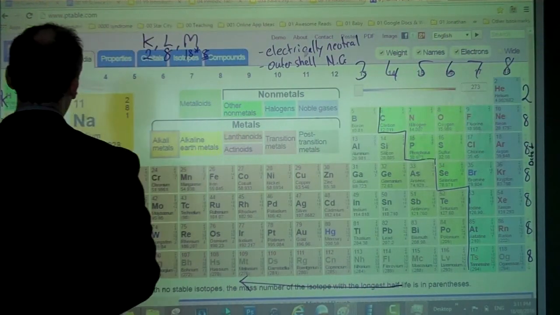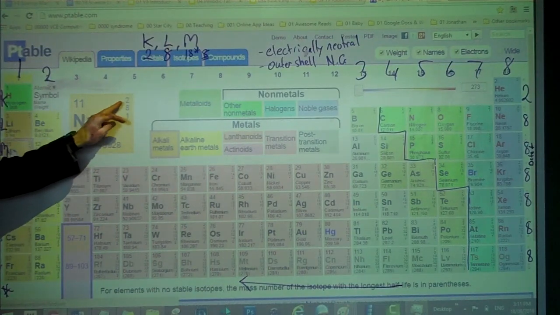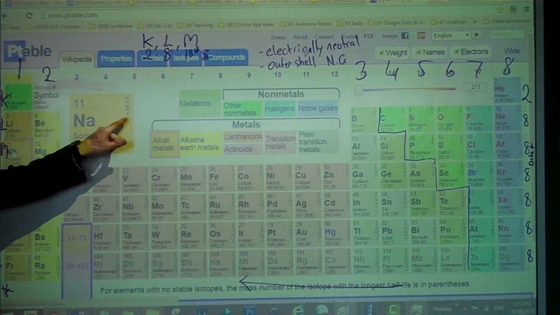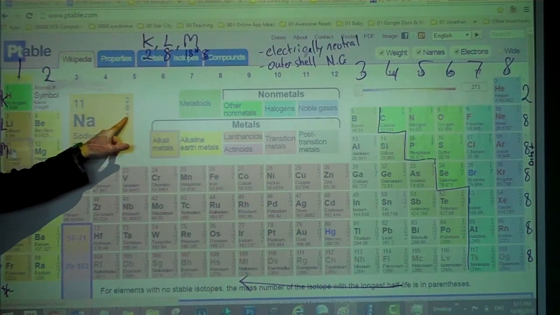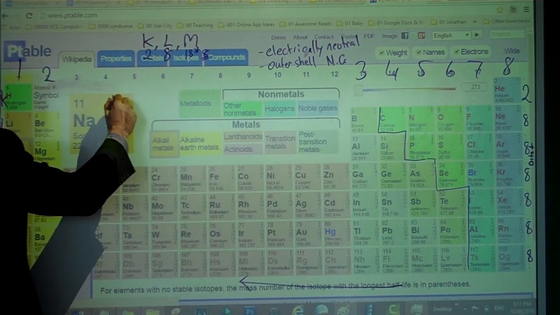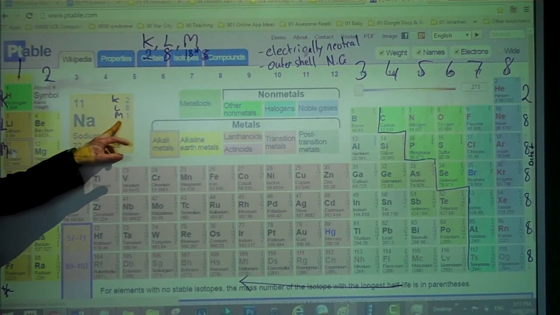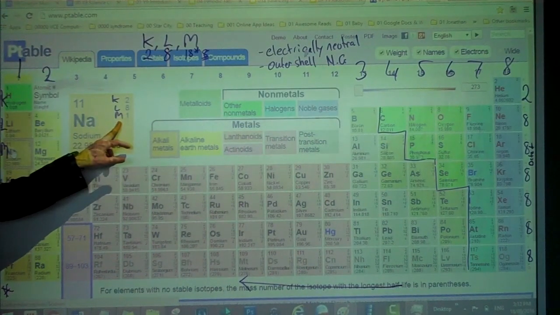Sodium has a 2,8,1 electronic configuration, and it has 1 electron in its outer shell, in the KLM shells. Now, in order to get an outer shell configuration with 8 electrons, sodium would either have to gain 7 electrons or lose 1 electron. Which way is it going to go? Lose one. Yeah, losing 1 electron.